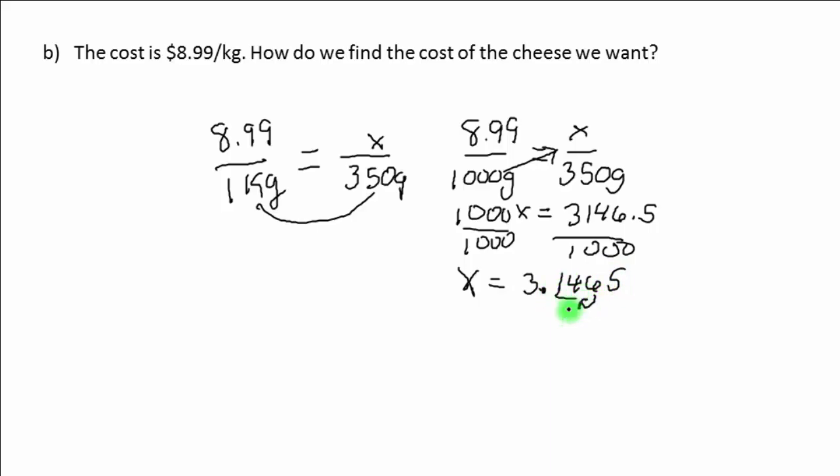Again, we're talking about money, so we need to round that 4 up to 5. And I'll rewrite that to make it neat. And this is the price for the 350 grams of cheese.